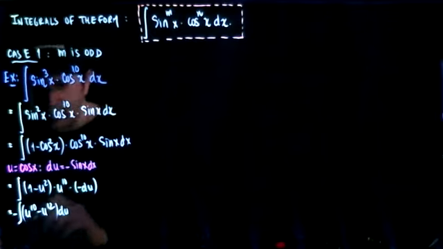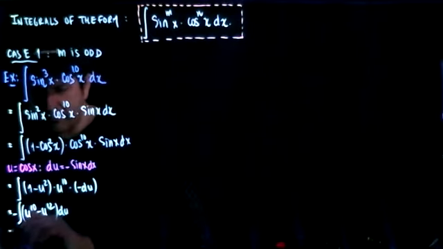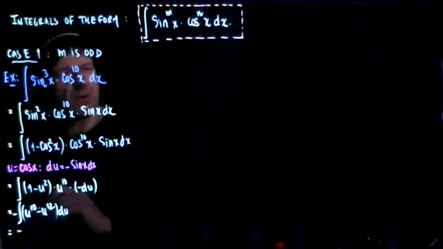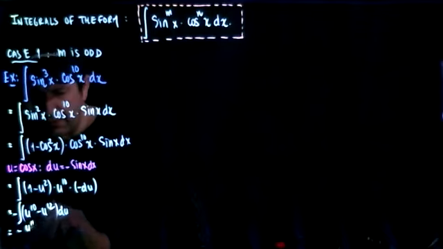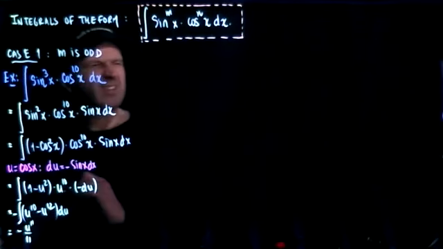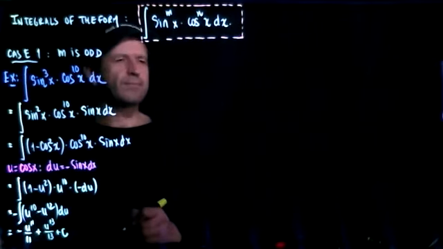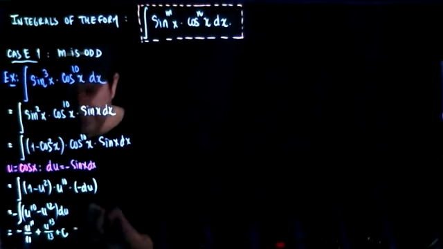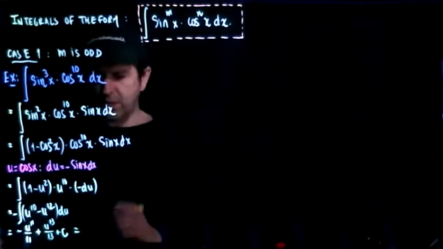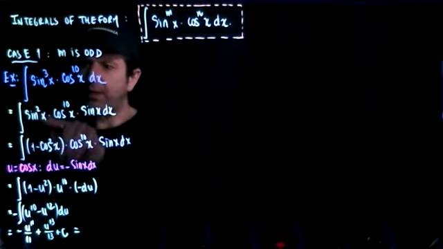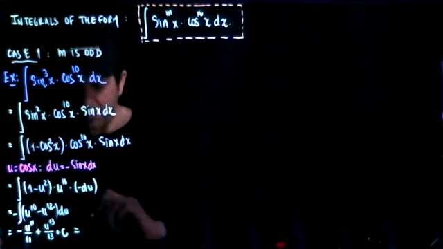If I integrate this, it's negative u^11 over 11 plus u^13 over 13 plus c. Then I replace the u by cos x, and I'm done.